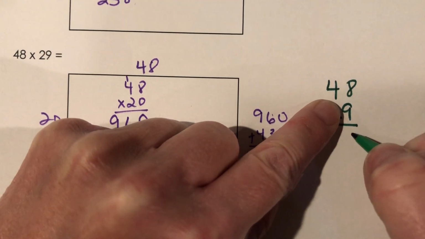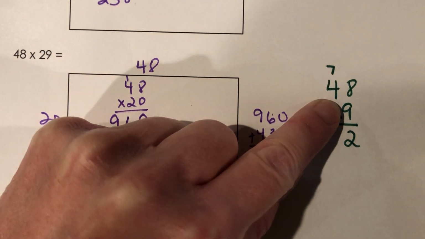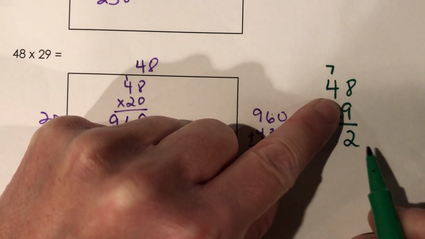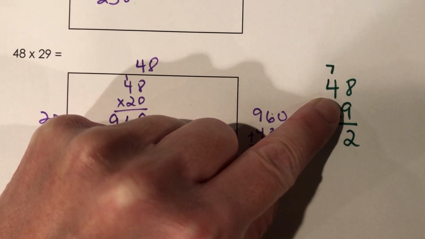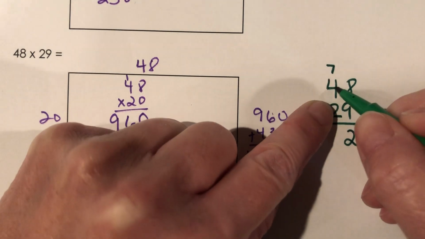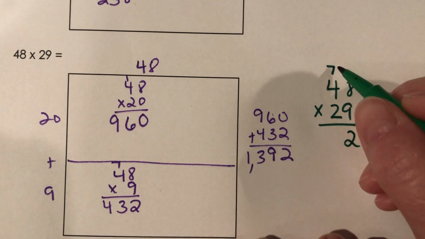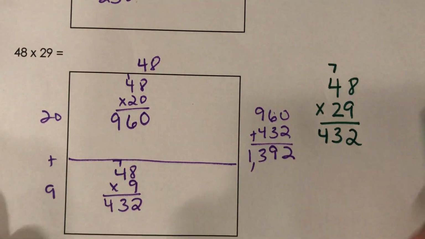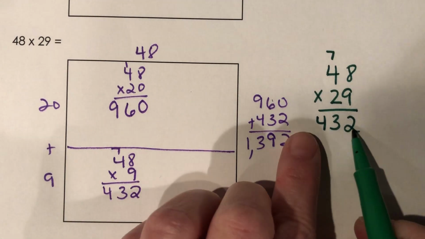So 9 times 8 is 72. And in 72, I have 2 1s and 7 10s, so it makes sense that the 2's in the 1s place. We didn't have to put any zeros in there. 9 times 4 is 36, and then 36 plus the 7 is 43. And you can already see that, yeah, 48 times 9 is 432.